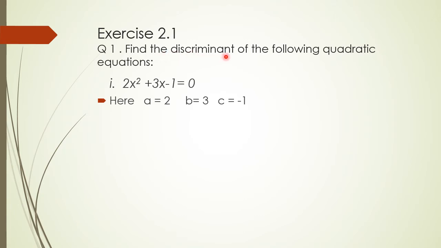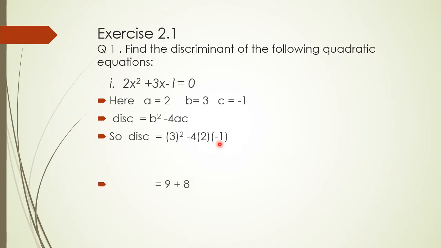We have to find the discriminant, which is b² - 4ac. So we put the values of a, b and c here. The discriminant becomes 3² - 4 × 2 × (-1). After simplification, it will be 9 + 8, and it gives us the answer: discriminant = 17.